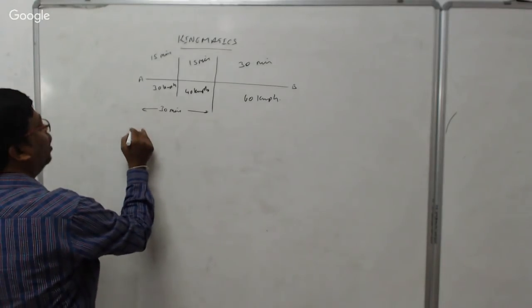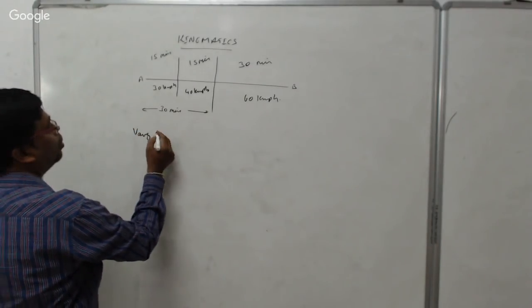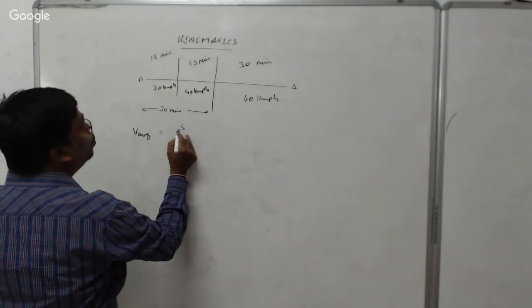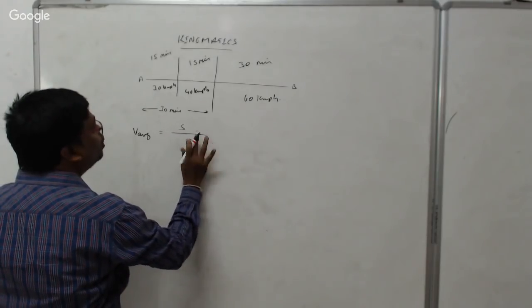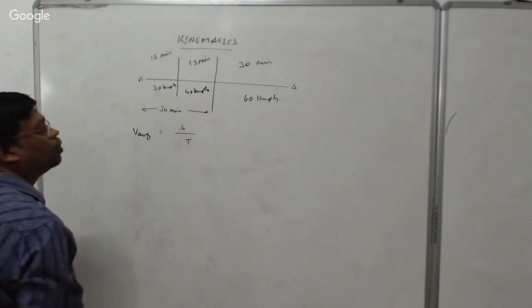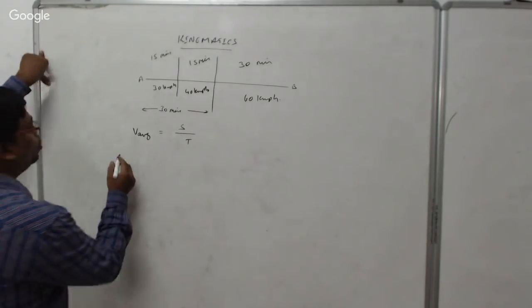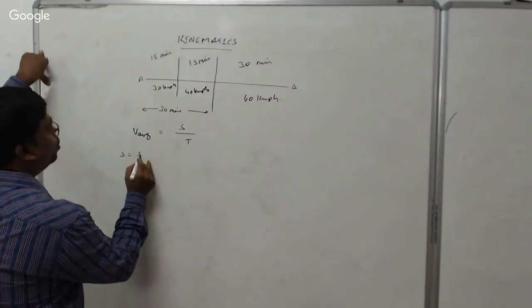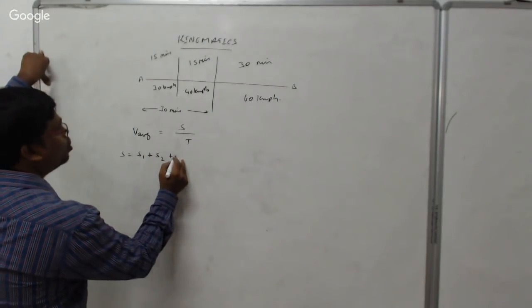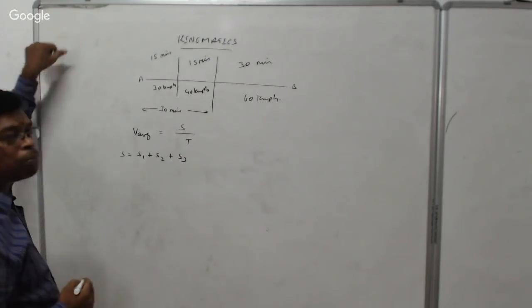Okay? How to calculate total distance? Total distance S is equal to S1 plus S2 plus S3.